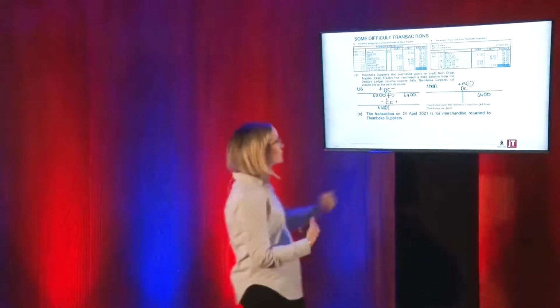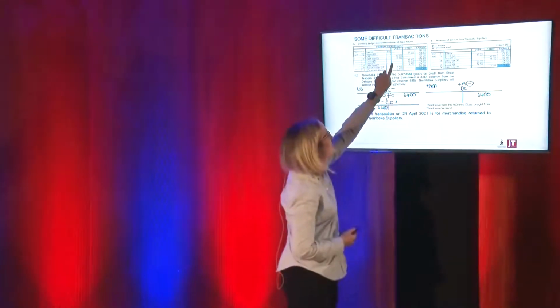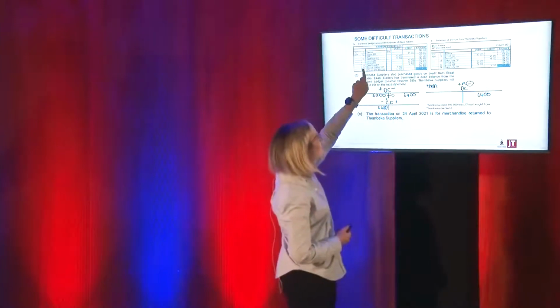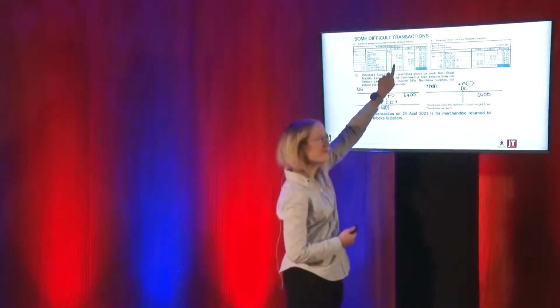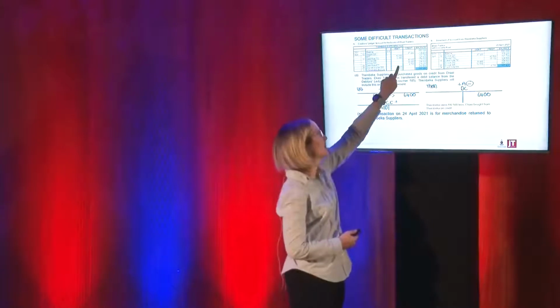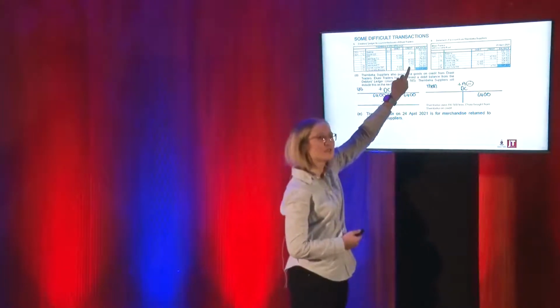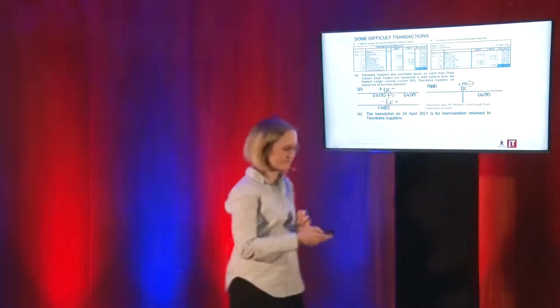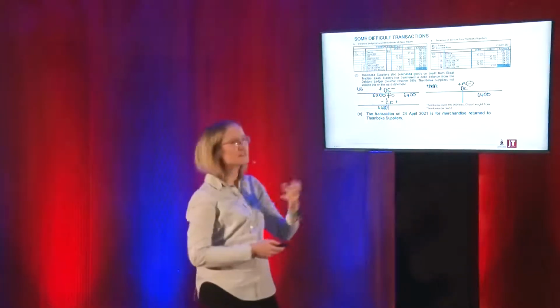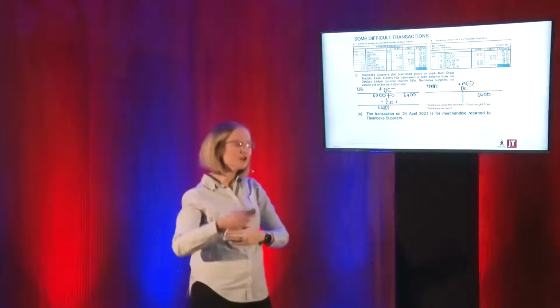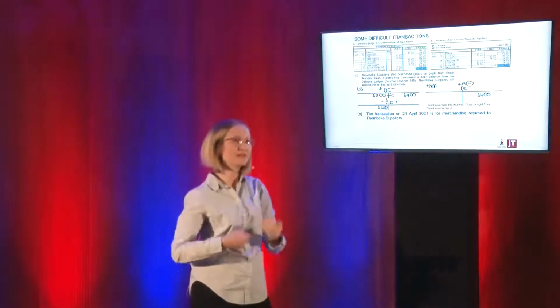So in our books, it should appear on the debit side. So now if I go to the 24th, I can see there's no entry on the debit side. We've incorrectly recorded it on the credit side.